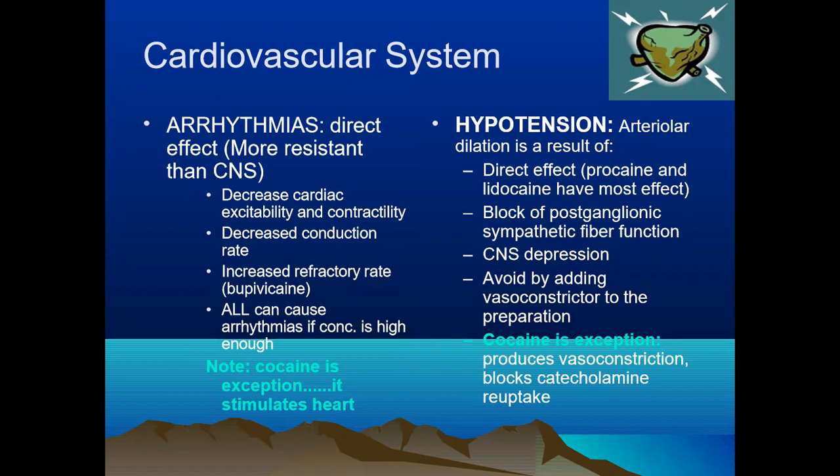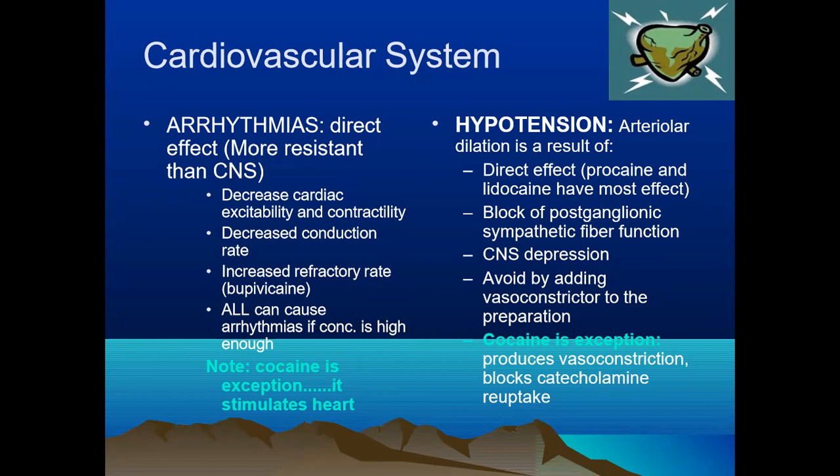Arrhythmias that are directly related are more resistant than CNS effects, with decreased cardiac excitability and contractility. It can also decrease the conduction rate and increase the refractory period, and can cause arrhythmias if the concentration is high enough. Cocaine is the exception, as it stimulates the heart. All others except cocaine depress the heart.